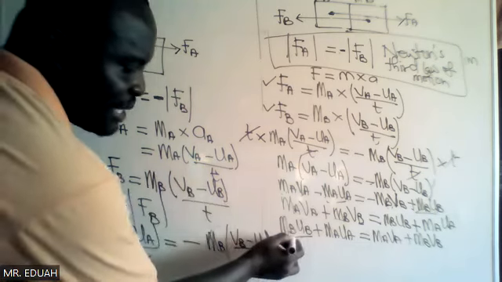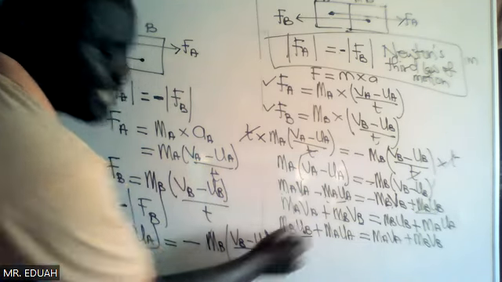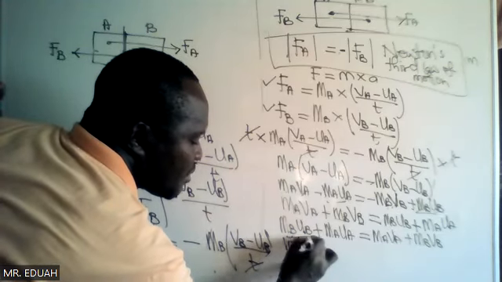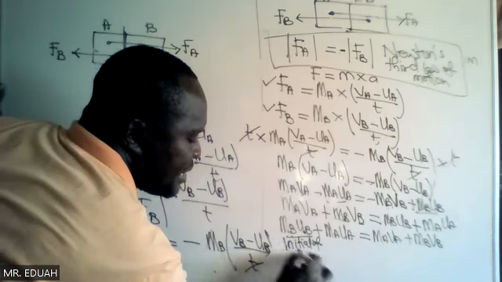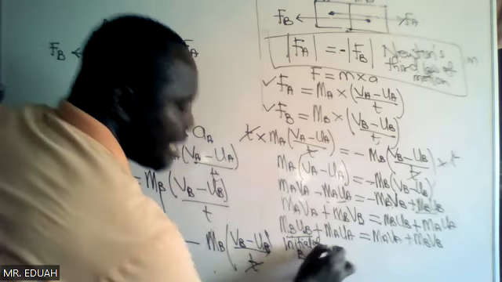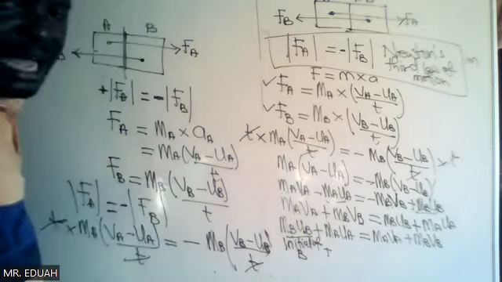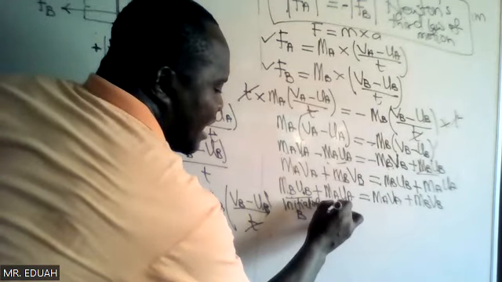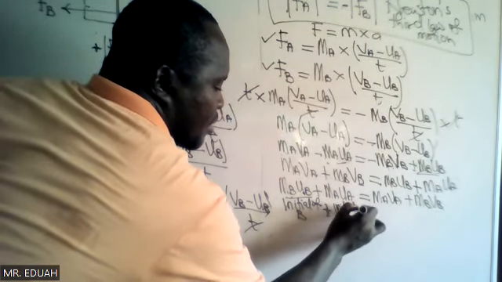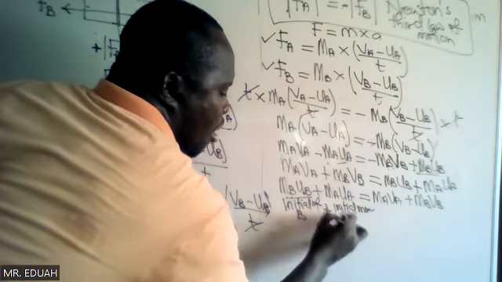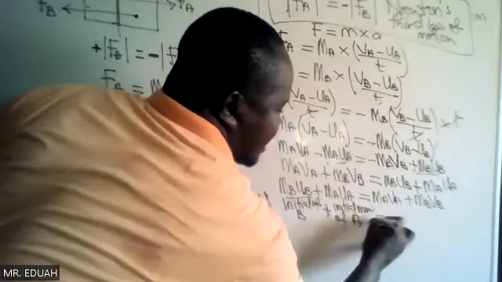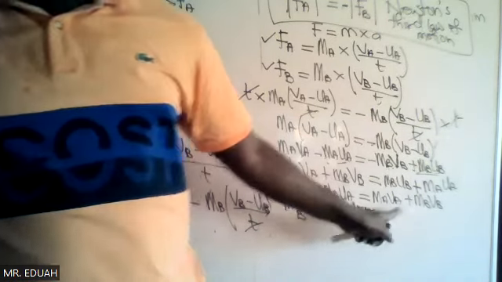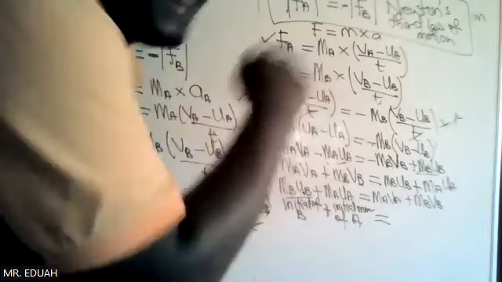But this is mass of B times the initial velocity of B. So this gives us the initial momentum of B plus MA UA, this is initial momentum of A, is equal to VA, this is the V, final velocity.